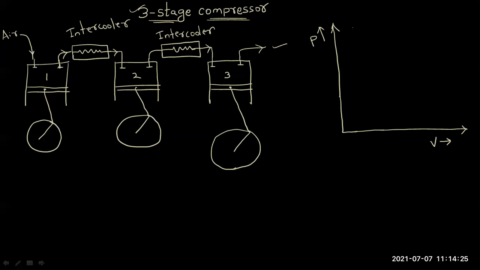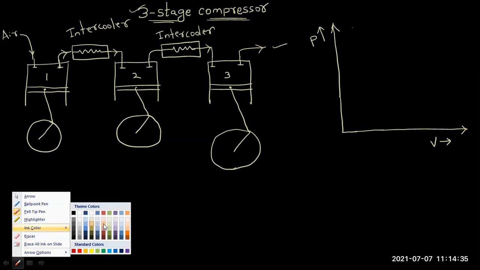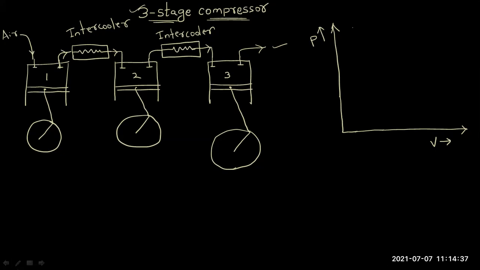Theory questions you will not get from here, only problems will come. And coming to the PV diagram, three stages will be there, so I will draw it. This is the first stage. Air will enter.